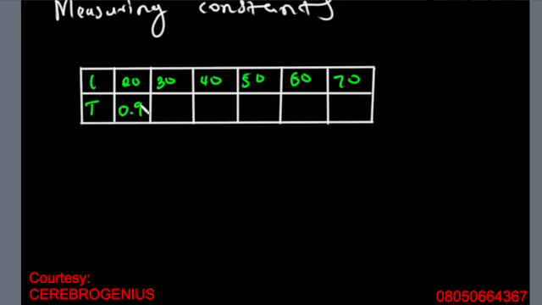The second, maybe 1.1. The third, maybe 1.3. The next, 1.4. The next, 1.6, and the last one, for 70, we have 1.7. So these are the values that we obtained when we did the experiment and measured the period.